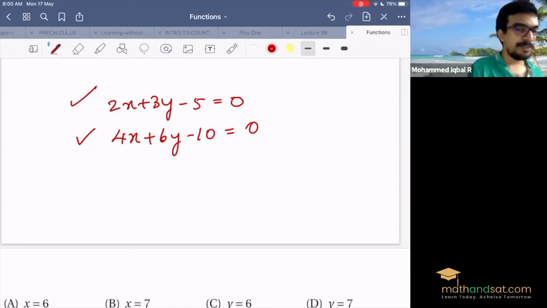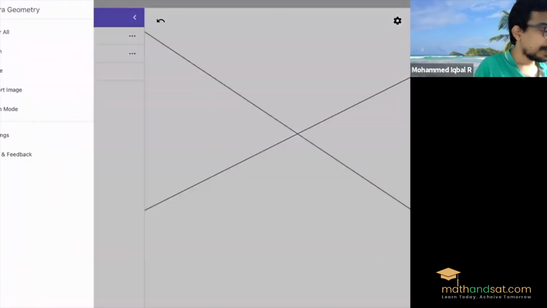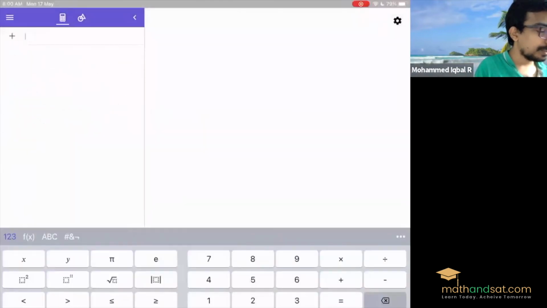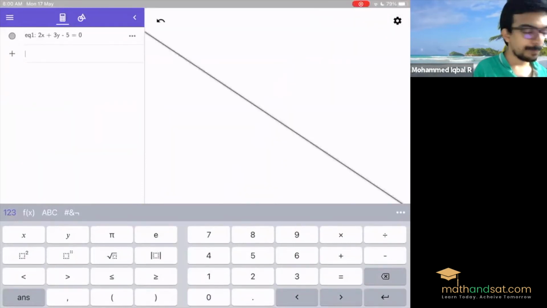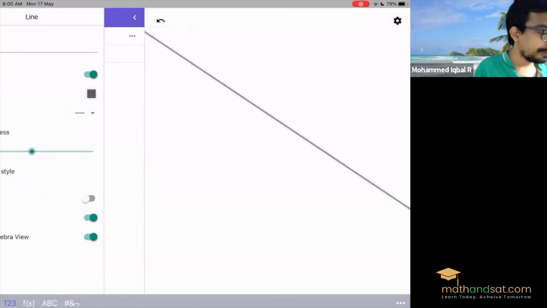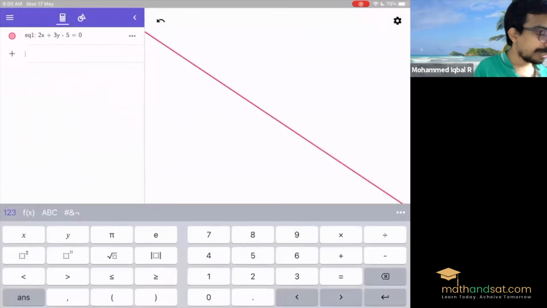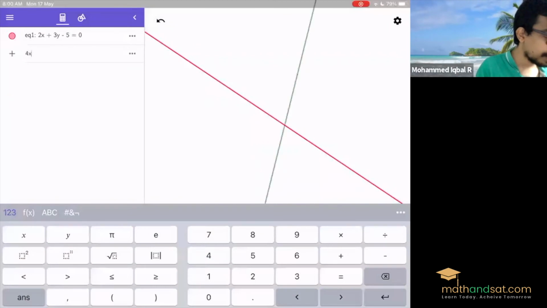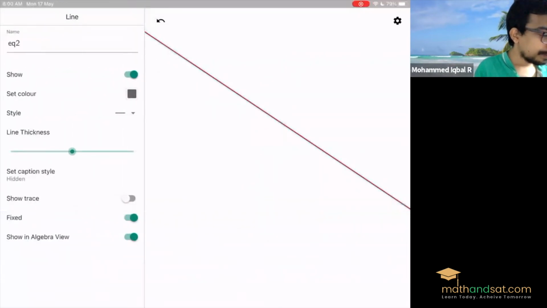So if I go and plot both the conditions, I will plot 2x plus 3y minus 5 is equal to 0. That's one line. I'll give red color to this graph, and I will plot 4x plus 6y minus 10 is equal to 0, and I will give blue color here.